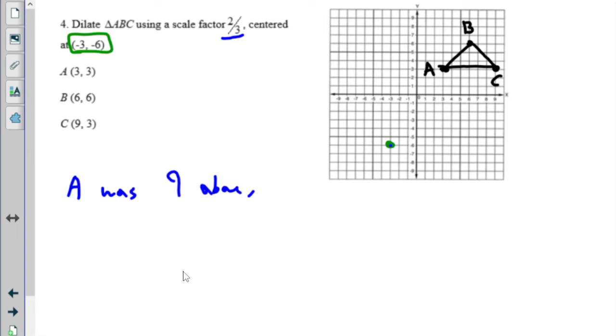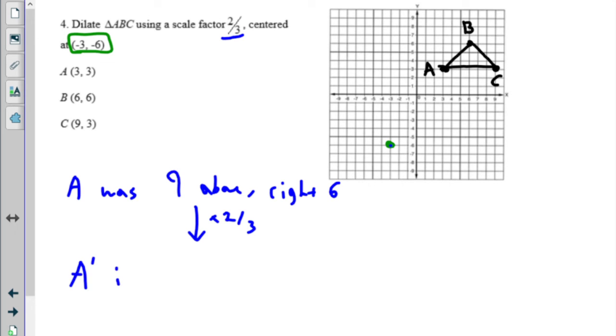And then we go to the right, 1, 2, 3, 4, 5, 6, and we land at A. So 9 above and to the right 6. Now those distances are getting multiplied by 2/3. Notice I'm not touching my coordinates. I'm only working with distances.